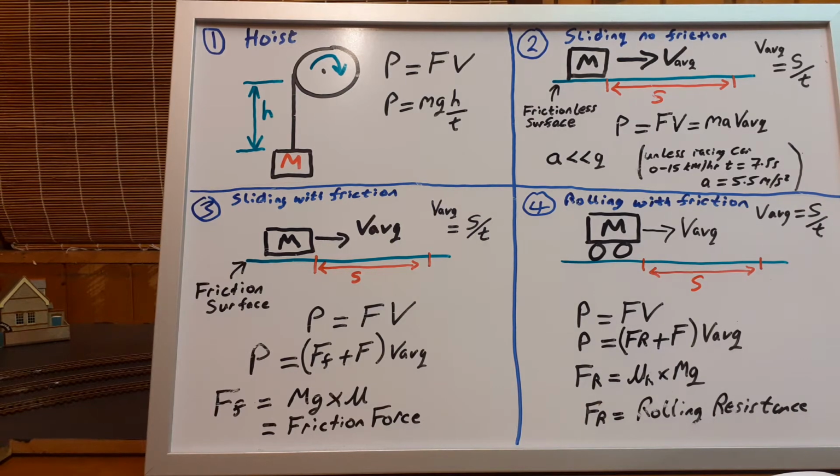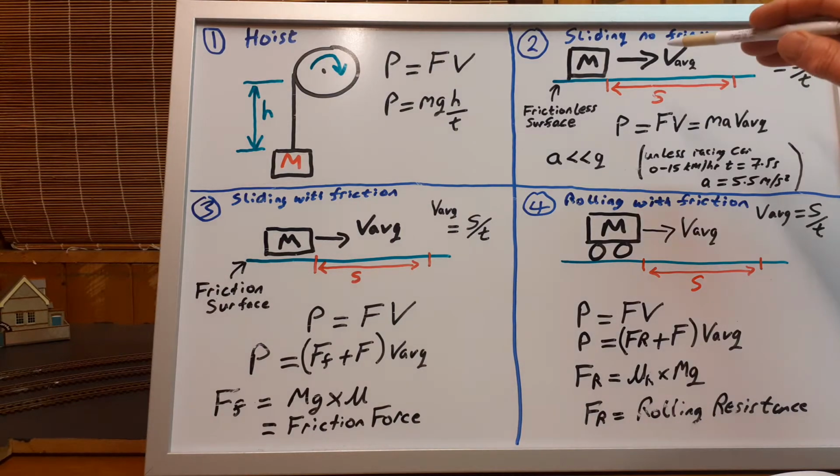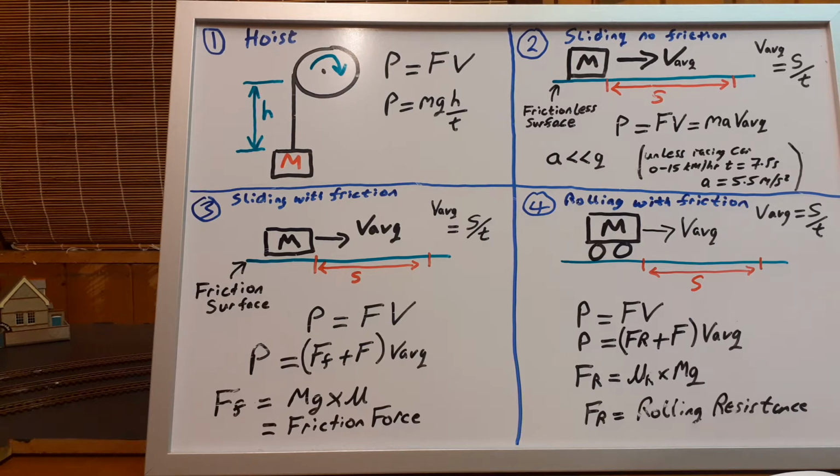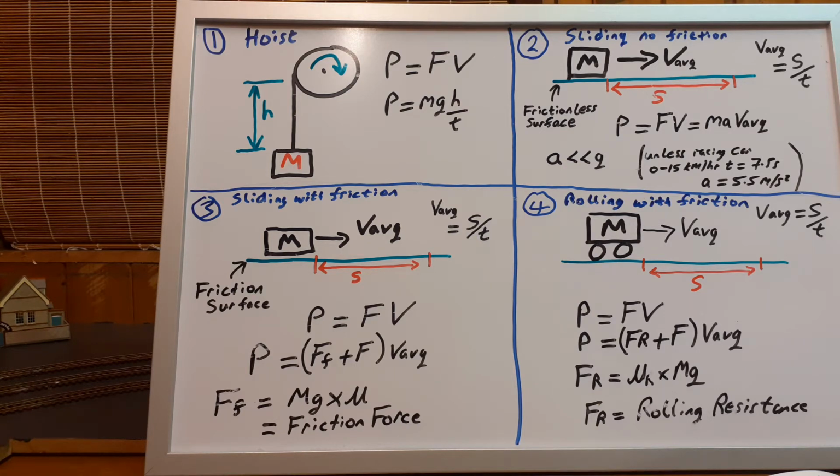The power requirement for a mass sliding with no friction over that length is 0.0001374 watts. Very small, but they're very small masses. So that's the zero-friction case, the smallest amount of power you're going to need.